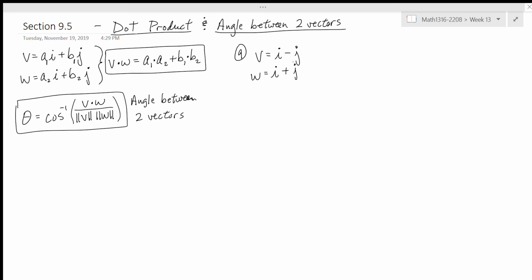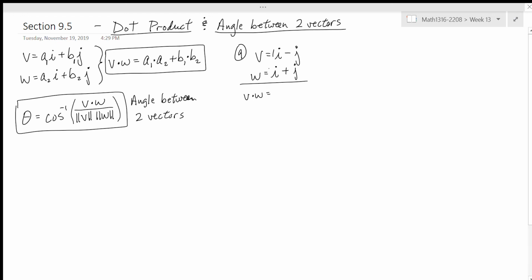And the first thing they want me to find is the dot product. So if I'm doing the dot product, what does it say to do with the a values? The a's need to be multiplied.